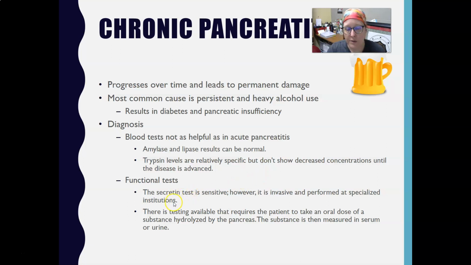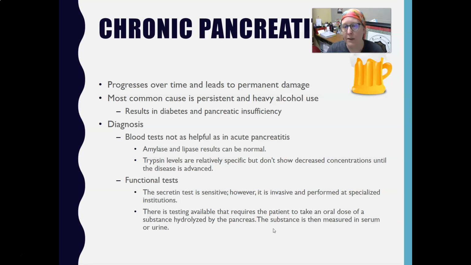You can do a functional test. The secretin test is very sensitive, but it's invasive and only specialized institutions do it. Or there's a test that requires the patient to take an oral dose of a substance that is hydrolyzed, or broken down, by the pancreas, and that substance is then measured in serum or urine.